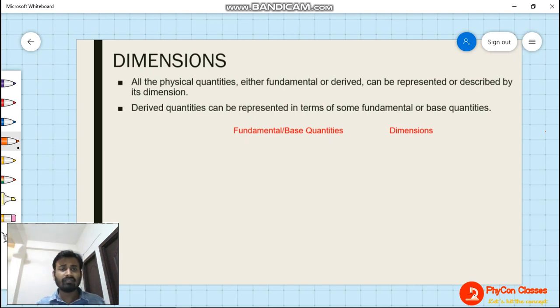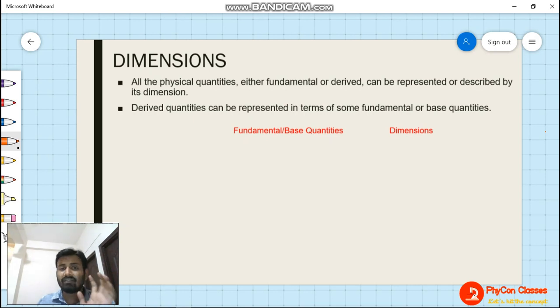But the physical quantities are divided into 2, fundamental and derived quantities, right? Now, what is the need of getting a dimension here? So actually, dimensions are the notations or representation, symbolic notations given for 7 fundamental quantities. For total 7 fundamental quantities we have.